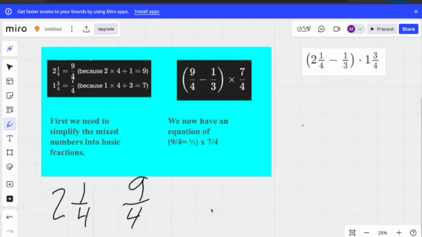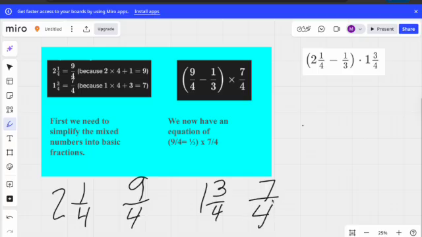And then we'll take the 1 3/4 there, and that will become 1 times 4 plus 3. That is going to become 7 over 4.